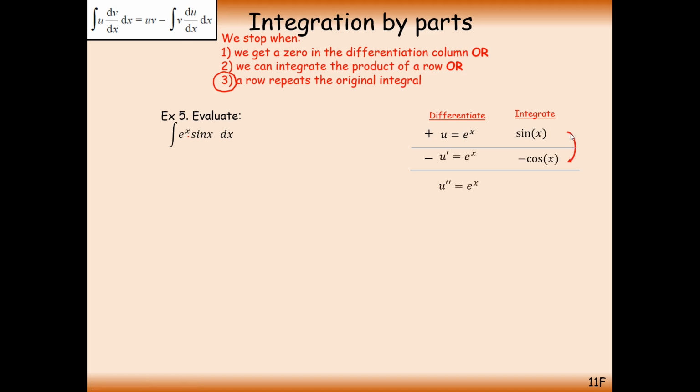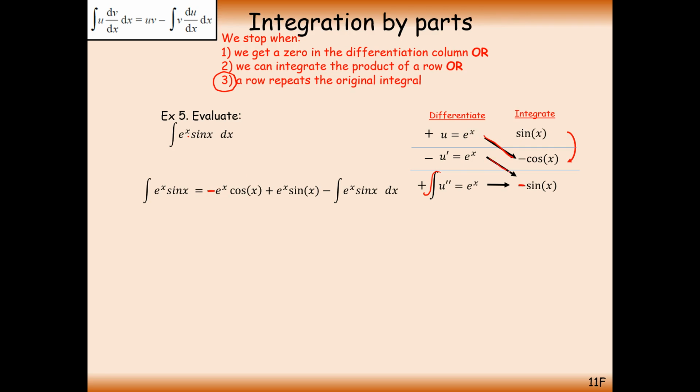We do the same step again, and we end up with, as the last row here, e to the power x times sine of x. Now, luckily, there is a minus sign there. Therefore, if I pull out the answers for you, we have this product here, e to the power x times negative cos, which is there.